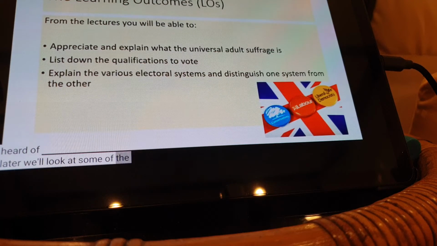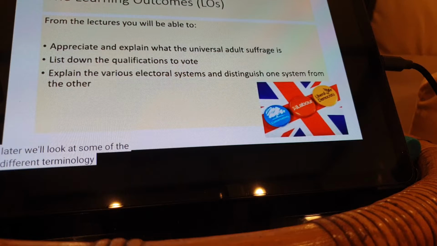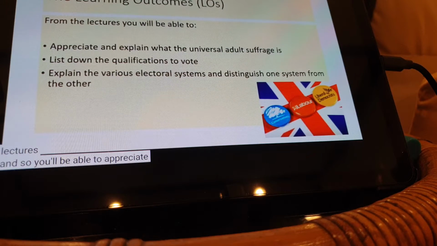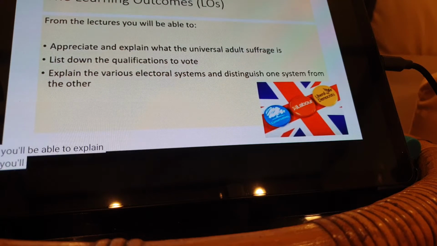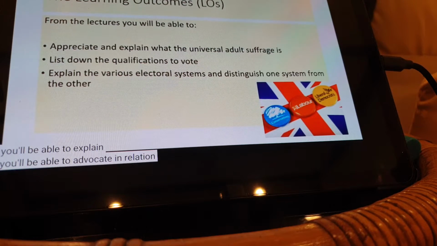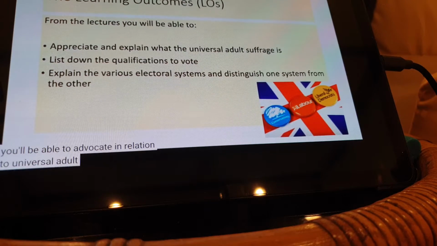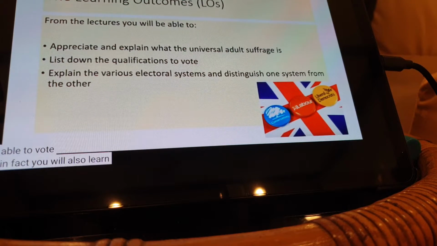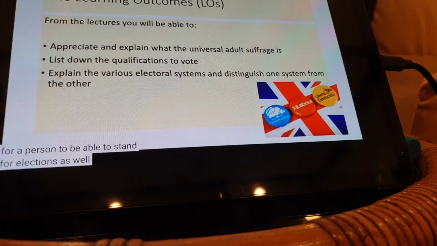Later we'll look at some of the different terminology that you'll be coming across through the face-to-face lectures, and so you'll be able to appreciate, explain, and advocate in relation to universal adult suffrage. You will also understand what it takes for a person to be able to vote. In fact, you will also learn what it takes for a person to be able to stand for elections as well.